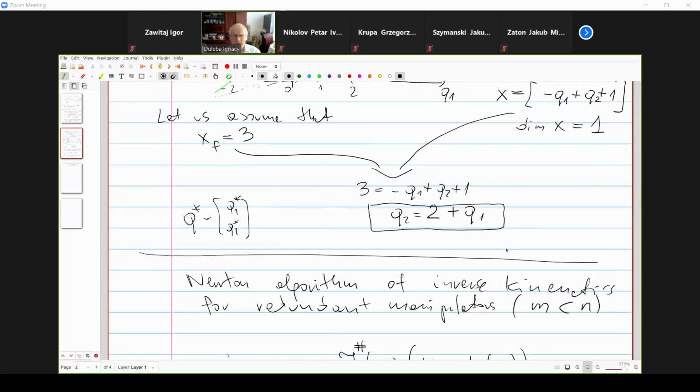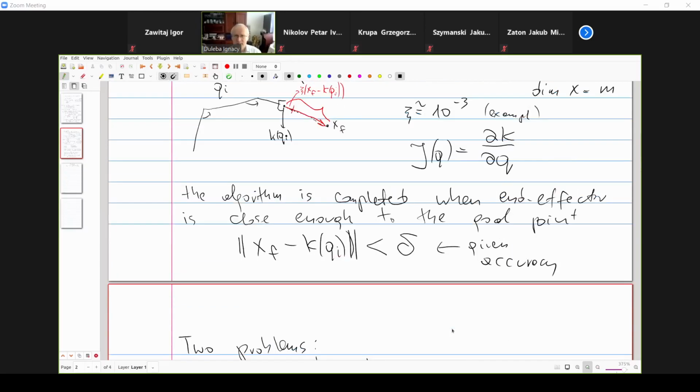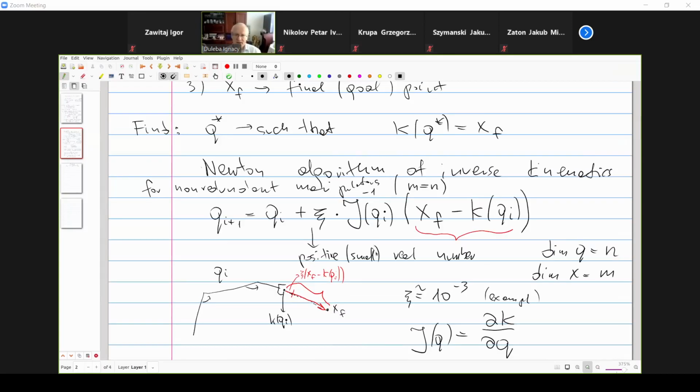So let's move to the second problem. What to do when matrices cannot be inverted? Please notice that in this algorithm, we need to assume that the matrix is invertible, but what to do when the assumption isn't satisfied?